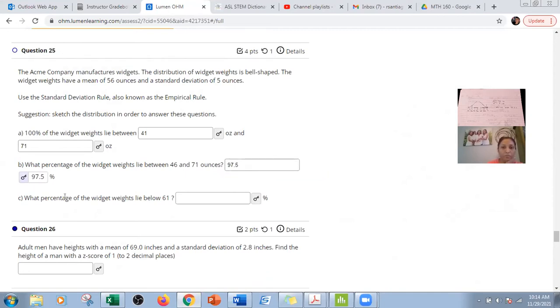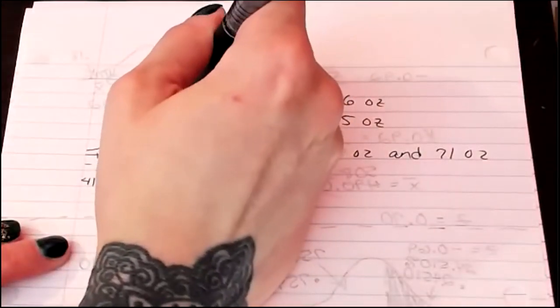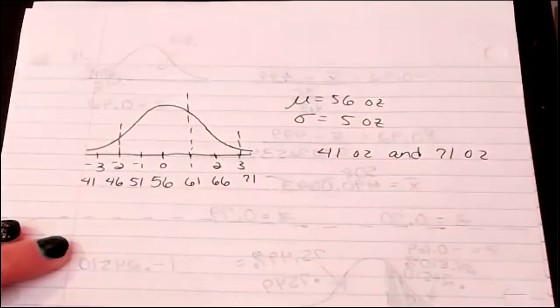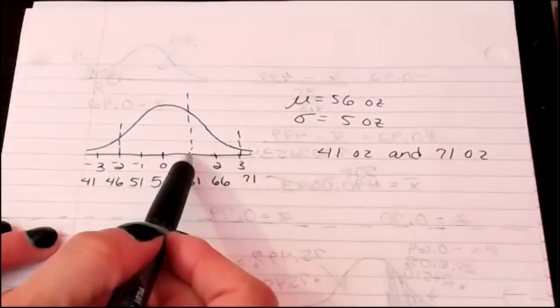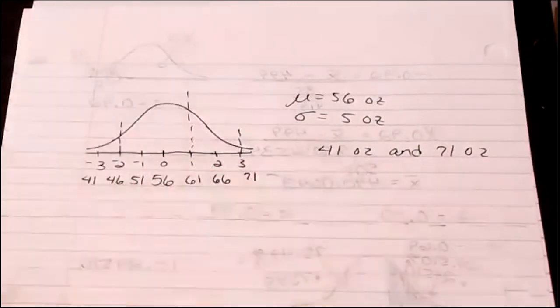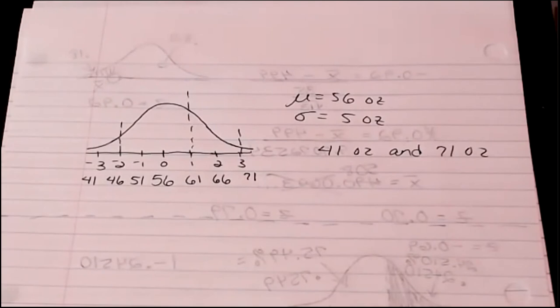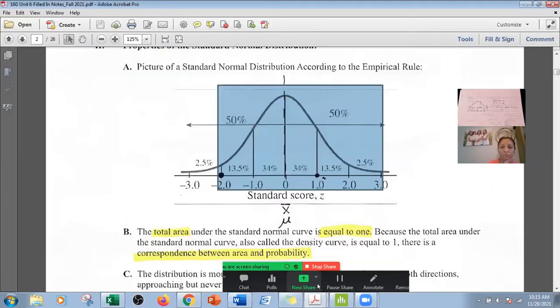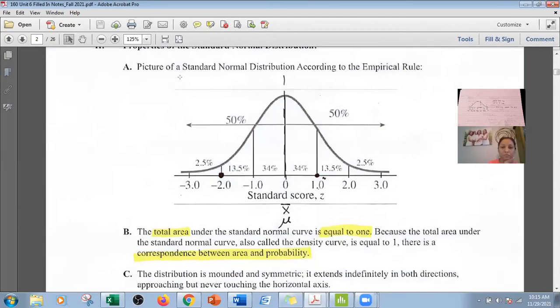There it is. What percentage of widgets lie below 61? So we go back to our diagram, and we want to know the percentage of widgets that lie below 61, which is a +1. So it's everything to the left here. So we'll go back to our Unit 6 filled in notes, and we want everything to the left of a +1.